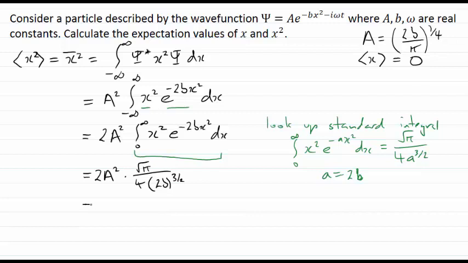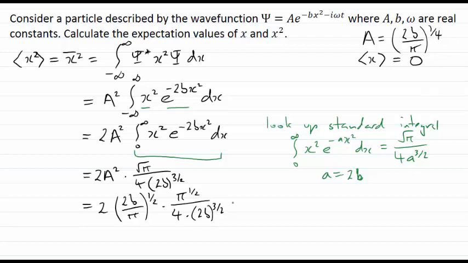And I might now write my A squared, because I know what my normalization coefficient is from a previous calculation. This is going to be 2b over pi to the quarter, but I'm going to square that, so it ends up being to the half, multiplied by pi to the half over 4 times 2b to the 3/2.